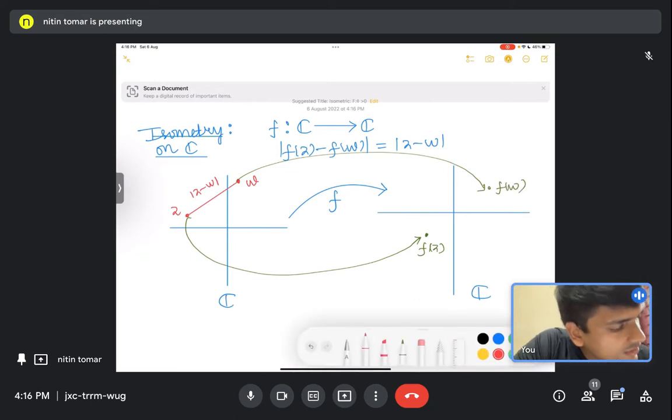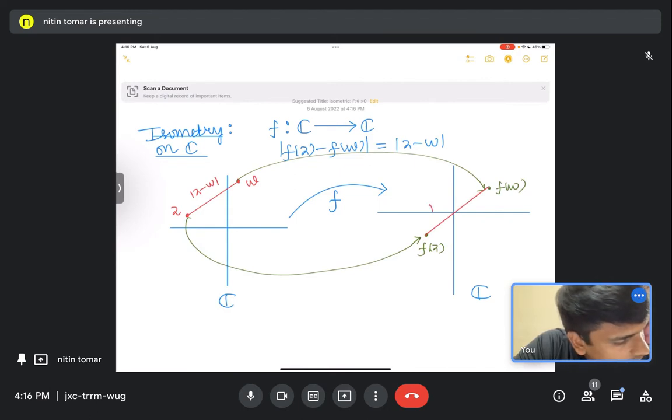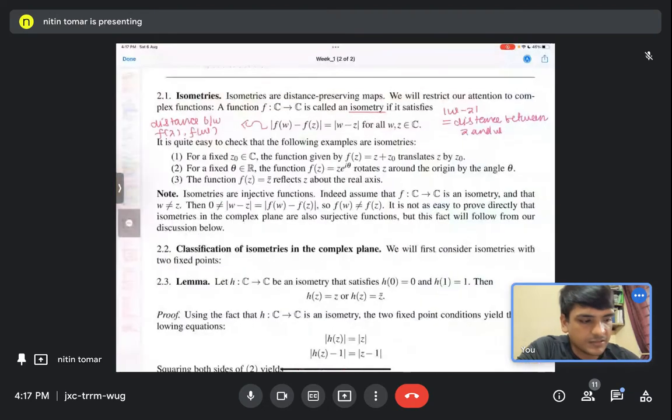The isometry says that this distance, f(z) minus f(w), will be the same as the first one. This is the precise meaning of isometry. Iso means same, metry means distance. So in some sense it is a map which preserves distances.